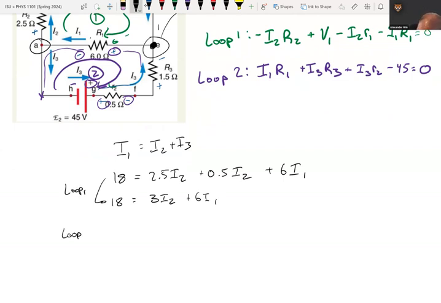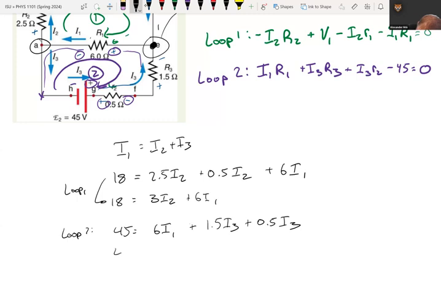Now setting up loop 2. This was loop 1 right here, and then loop 2. What we have here is 45 is equal to 6 I1 plus 1.5 I3 plus 0.5 I3.